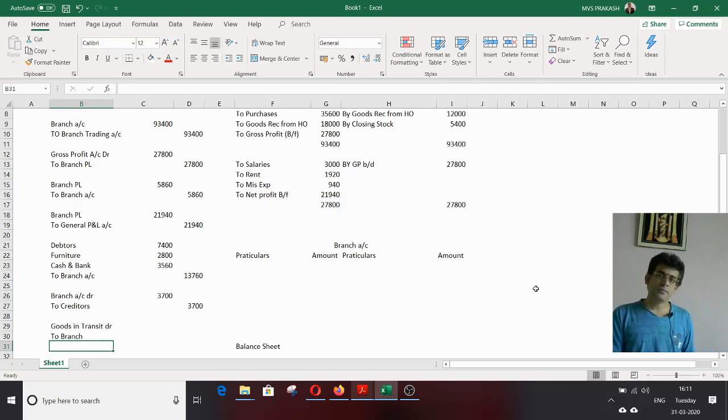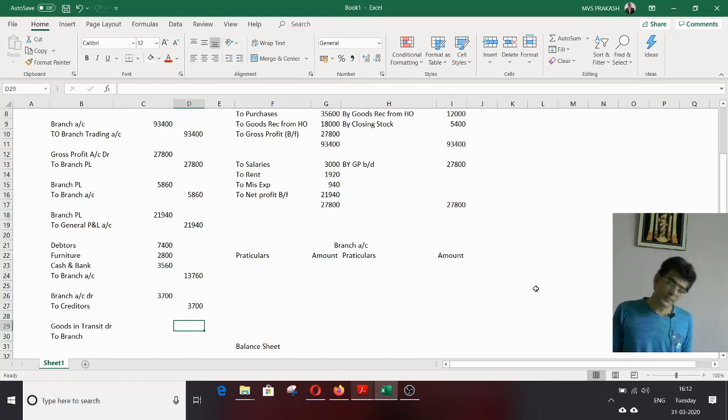Now why are we calling this branch? Because this entry the head office is recording on behalf of the branch. To make the branch account equal, this entry is supposed to be passed. That's the reason you are calling it goods in transit account debit to branch. Or to put it differently, if the branch has passed an entry goods in transit to head office, goods in transit is an asset.